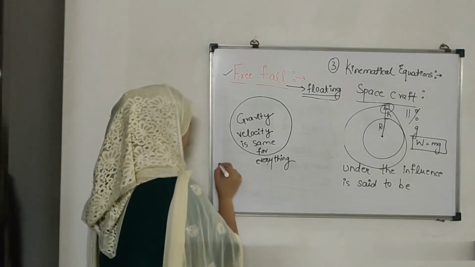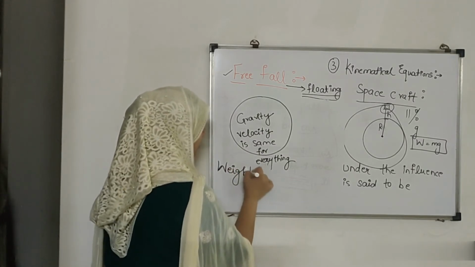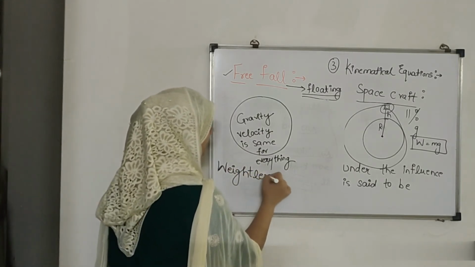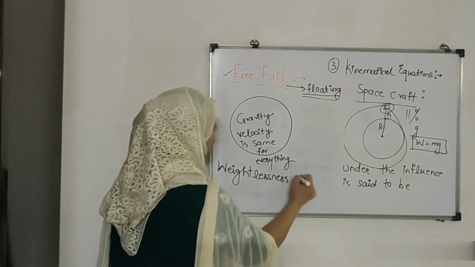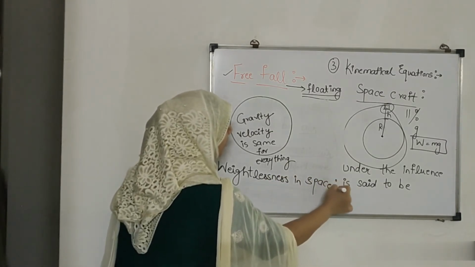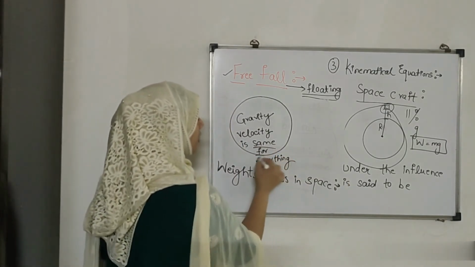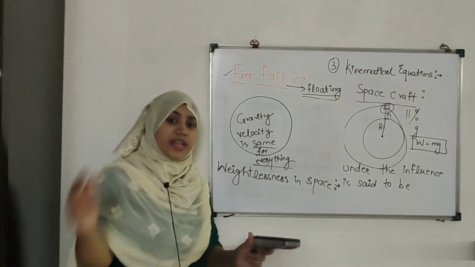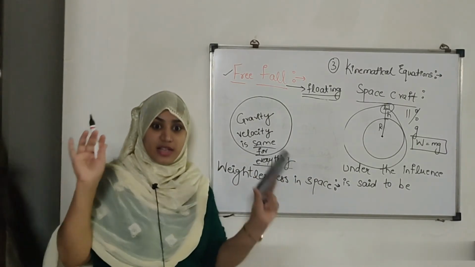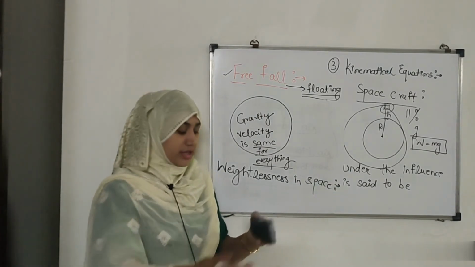And that's what I mean by weightlessness in spacecraft. Weightlessness in spacecraft is due to free fall, okay? Due to free fall, the velocity is there, but it is the same for everything, and we feel everything is floating, okay? Everything is constant, nothing is having weight, nothing is moving in front of me, okay?